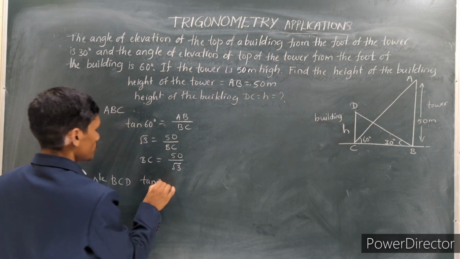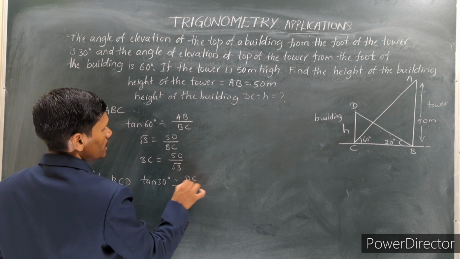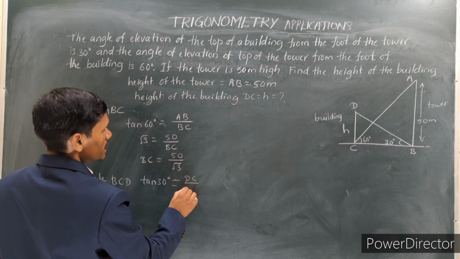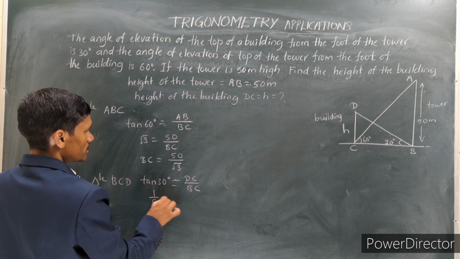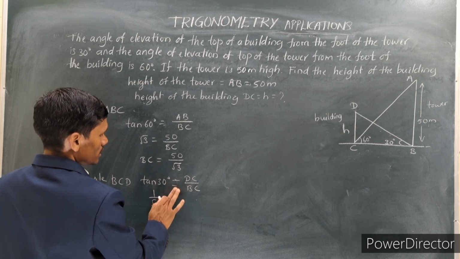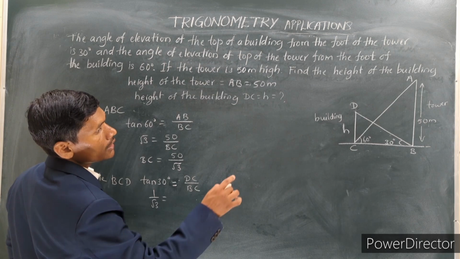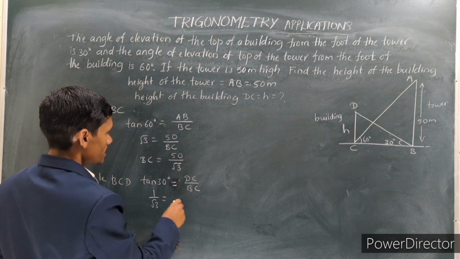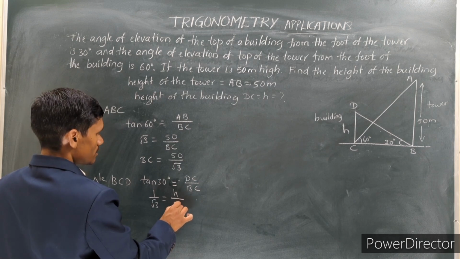So tan 30 is equal to opposite, that is DC, upon BC. Tan 30 is 1 by root 3, equal to DC upon BC. DC is h. So 1 by root 3 is equal to h by BC.